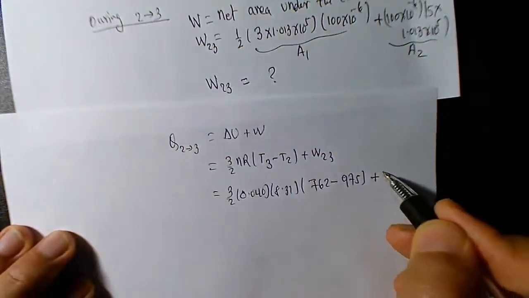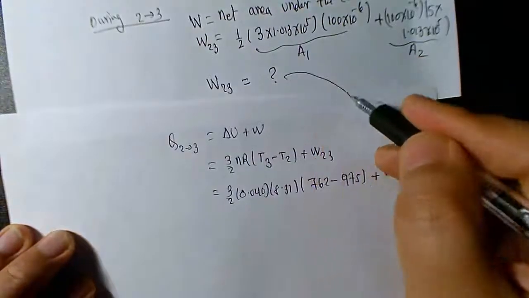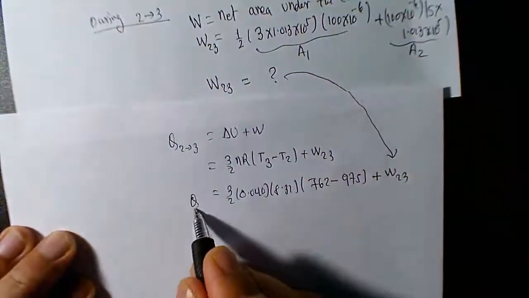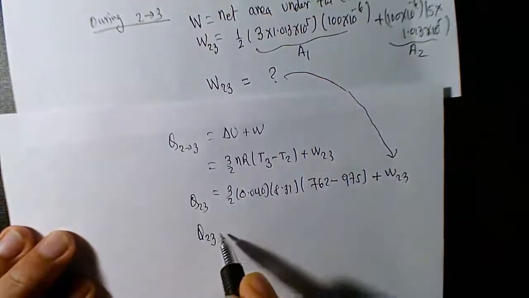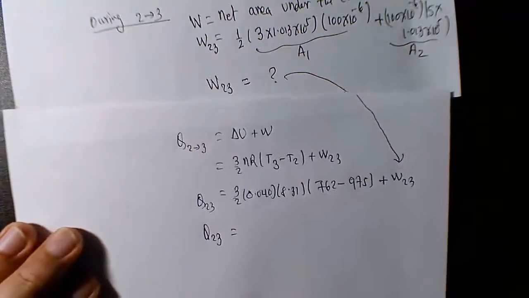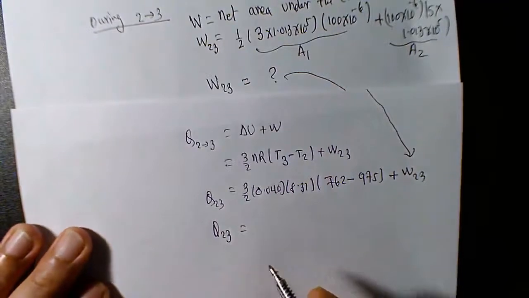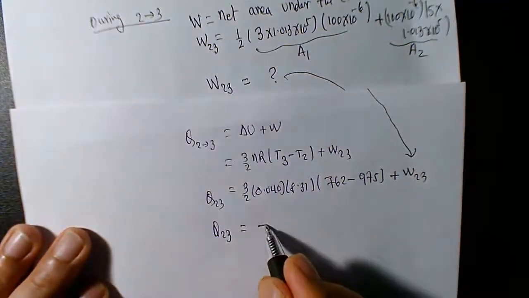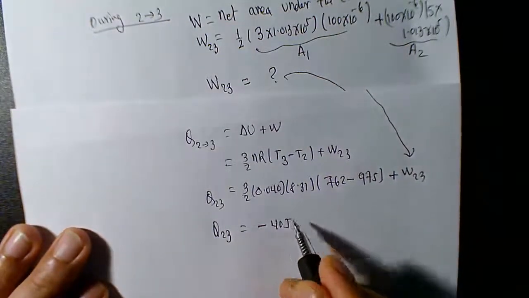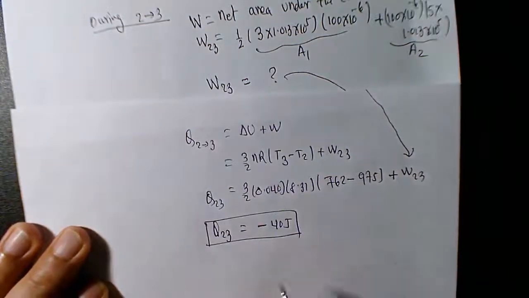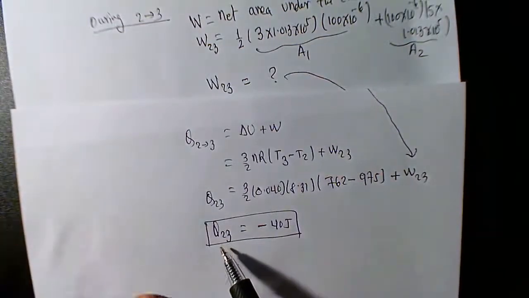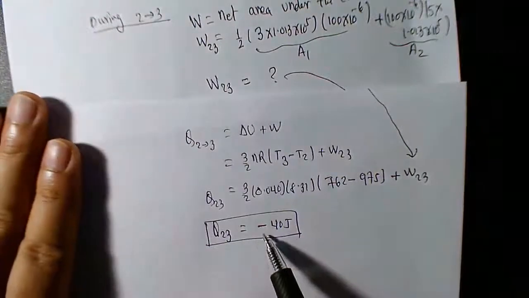Plus the work done from here. Do this calculation, put all the numbers in, and you will end up with the final answer of negative 40 joules. So you can clearly see the heat exchange during 2-3 came out negative.